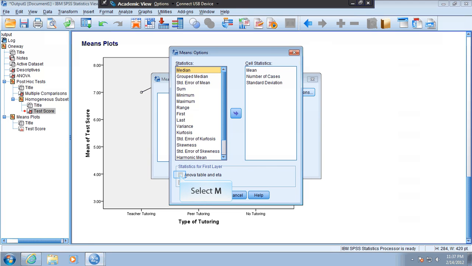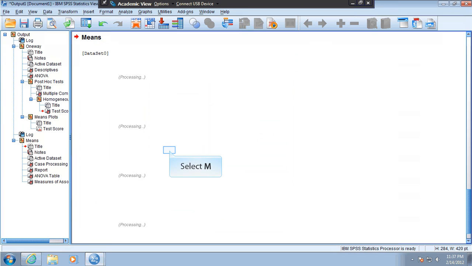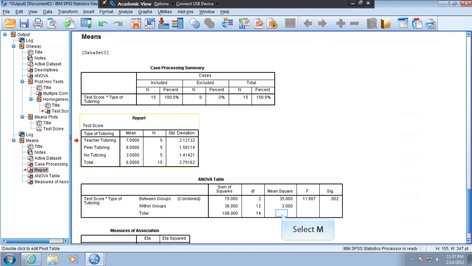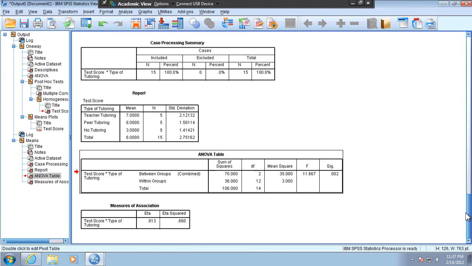Clicking on the Options tab, we are going to ask SPSS to provide us the ANOVA table and eta, a measure of effect size. Clicking on Continue and then OK, we can see that we get some information about the descriptive statistics and a repeat of the same ANOVA table that was obtained above.